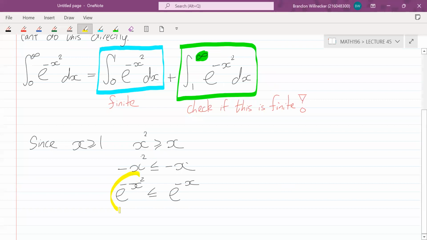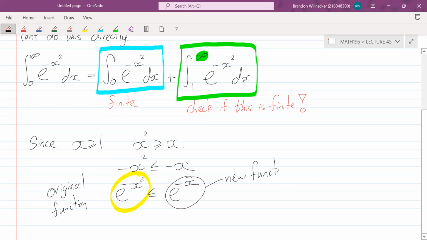So on the left-hand side, we have our original function. And on the other side, we've got a new function that is an upper bound.